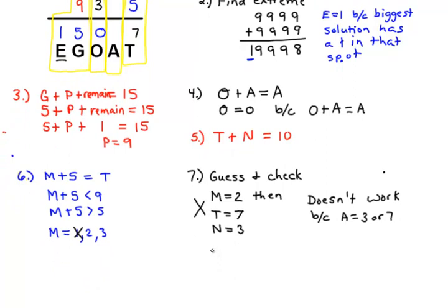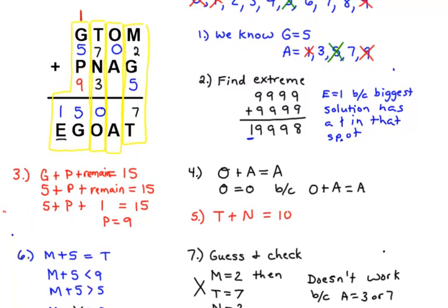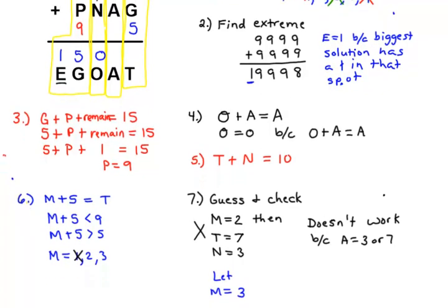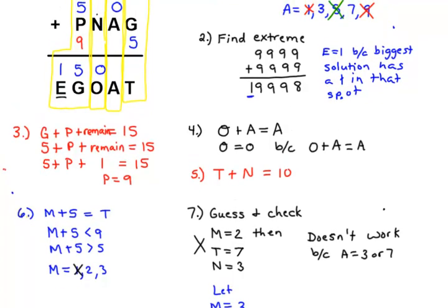Let's try let m equal 3. Okay, so let's erase what we did here. So there's a 2, a 3, a 7. Okay, so let's go back up. I said m equals 3.